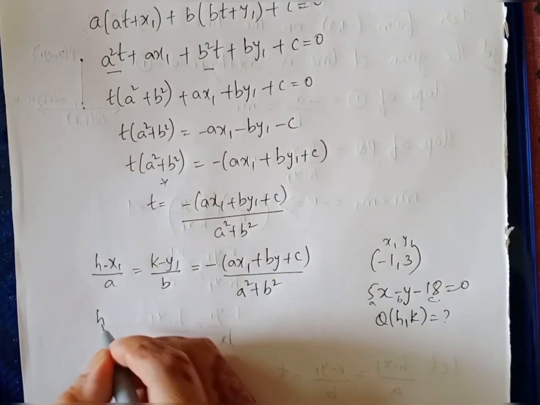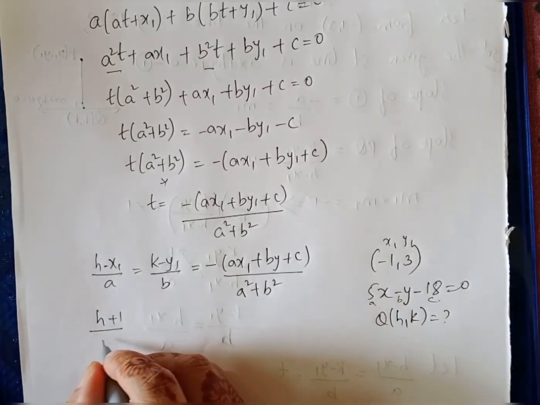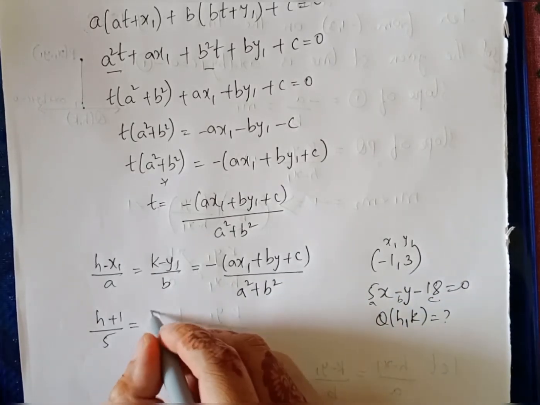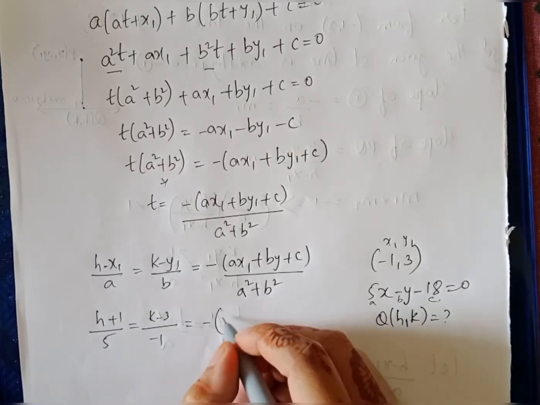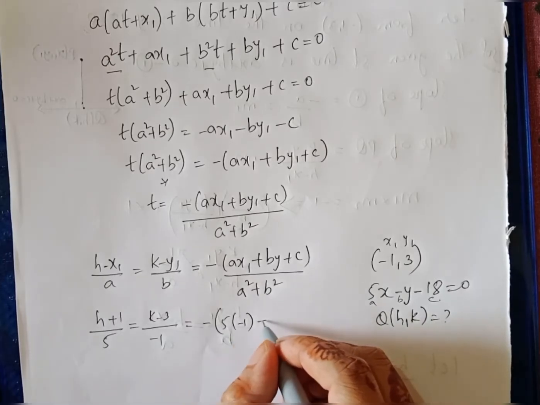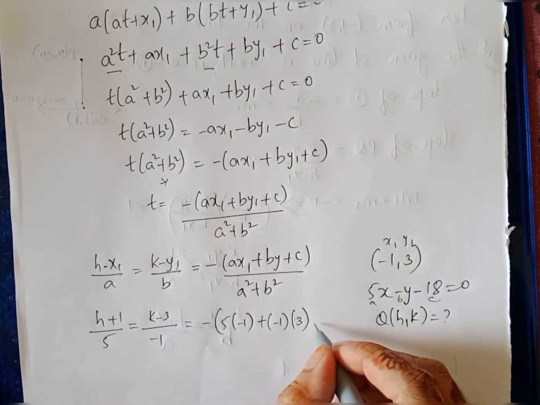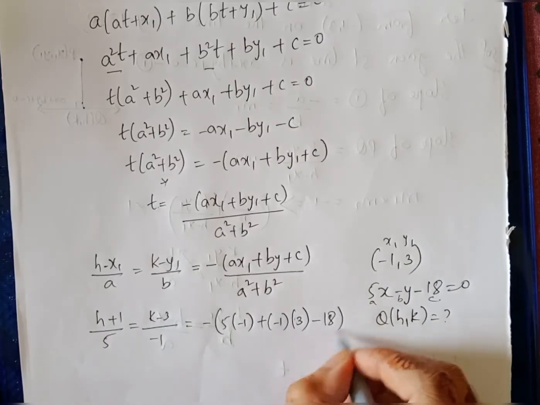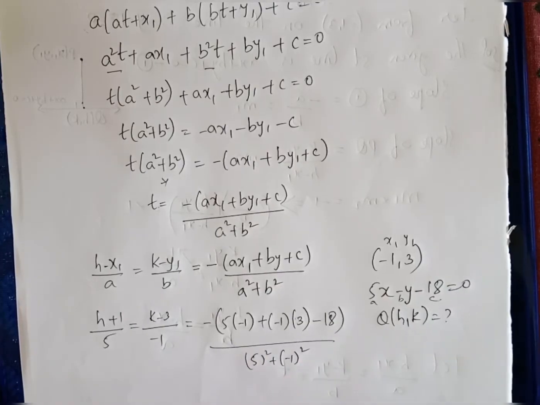Substituting here, it is (h - (-1))/5, which is (h + 1)/5, equal to (k - 3)/(-1), equal to -(5 times (-1) + (-1) times 3 - 18)/(5² + (-1)²).